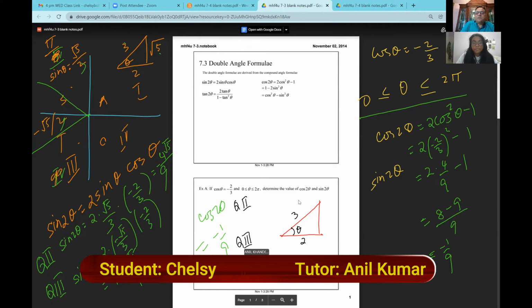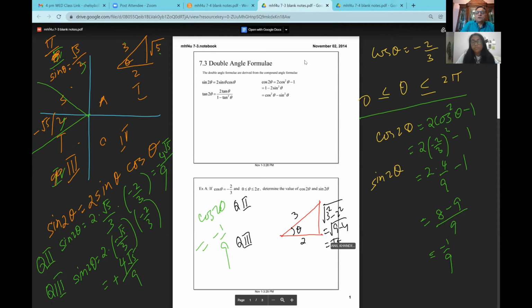So from here, we found the other side as square root of 3 squared minus 2 squared, which is 9 minus 4, which is square root of 5. So the value of sine theta could be square root of 5 over 3, hypotenuse 3, or it could be minus square root of 5 over 3, depending on which quadrant it is.